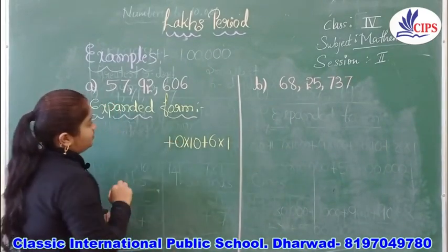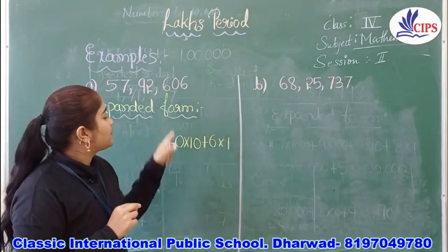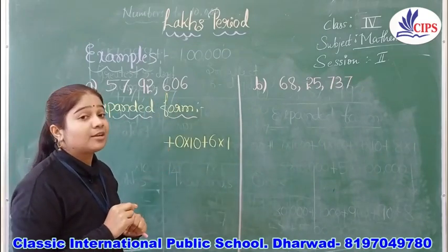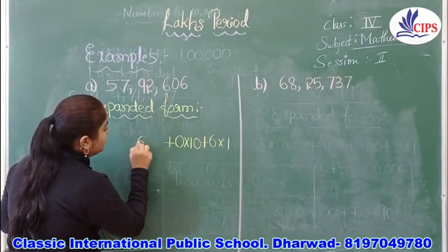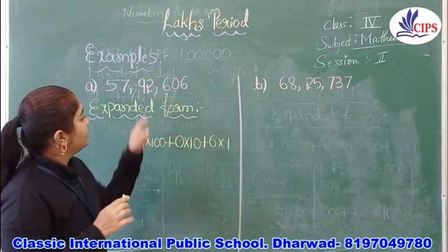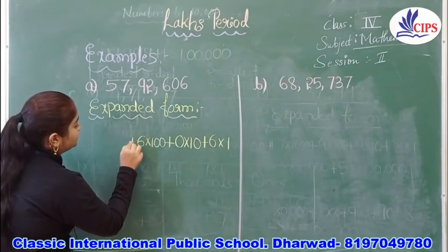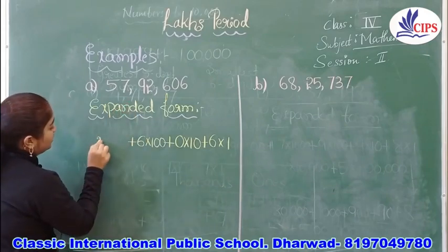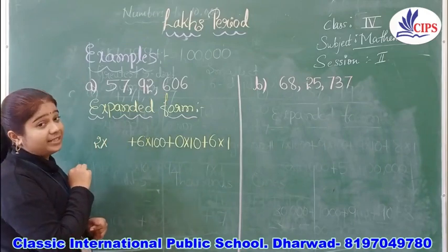So next, what's there next? 6 is there. 6 into what? 100. Yes. 6 into 100. Okay. Next, 2 is there. 2 into, is it 10,000?